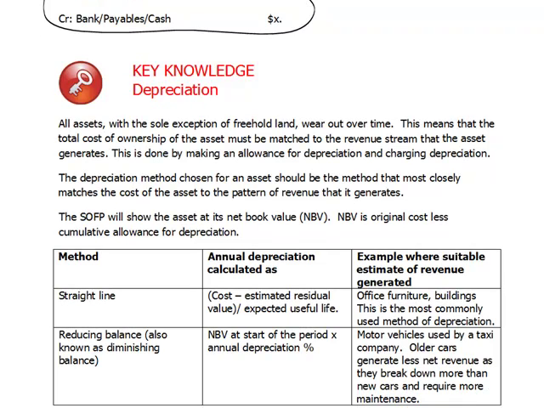Now, probably one of the most important concepts for non-current assets is depreciation. Depreciation, if you want the definition, is a systematic allocation of the cost of the non-current assets over its useful life. What it means in practice is when we buy a car for $100, and that car will run for 5 years.